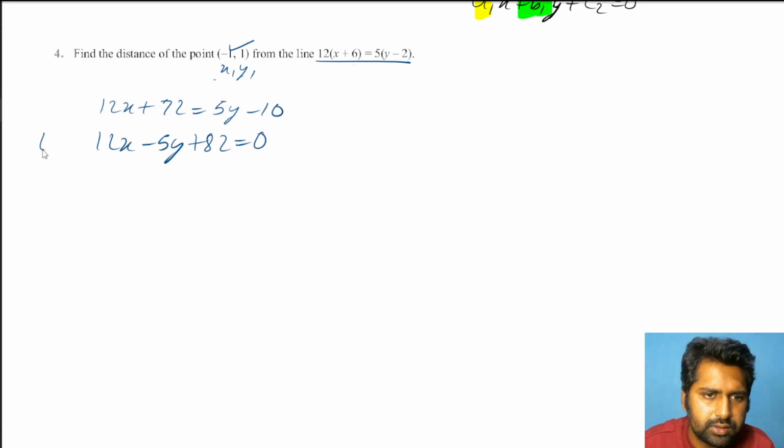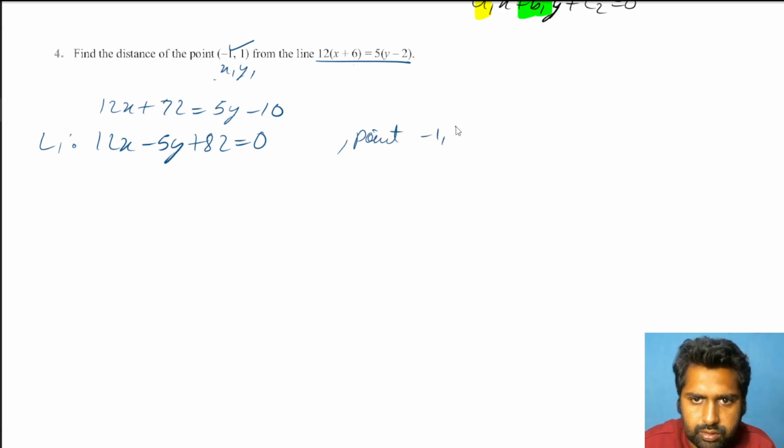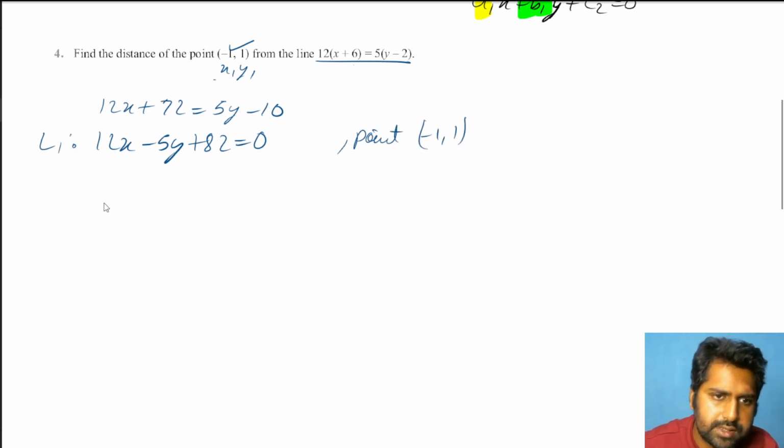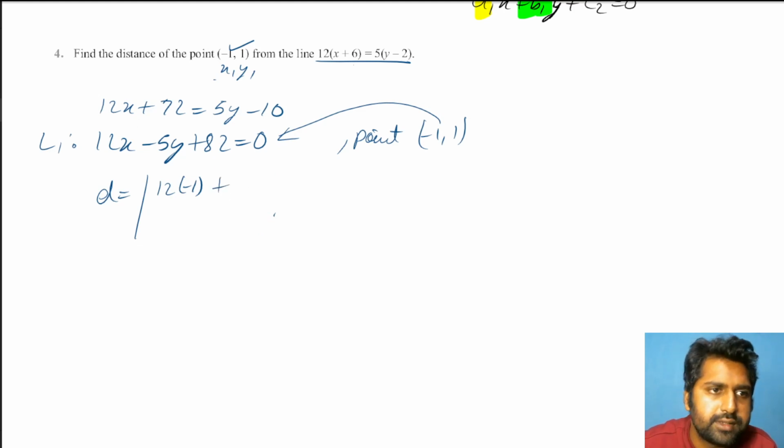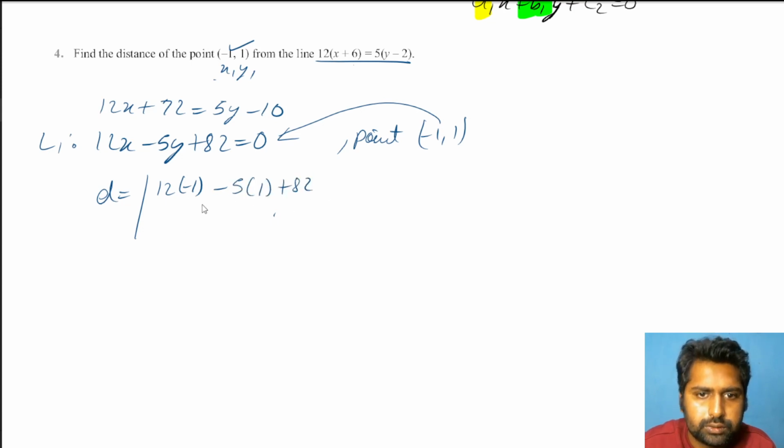That's the standard form of the line. Let's say L1. And the point is minus 1 comma minus 1, from where you have to calculate the distance. Now how do you get the distance? Modulus of, put the point in the equation. So 12 into minus 1, minus 5 into minus 1 plus 82, upon square root of 12 square plus 5 square.